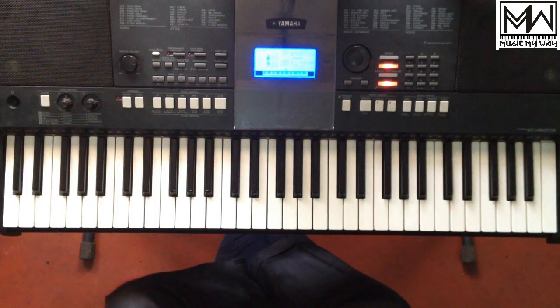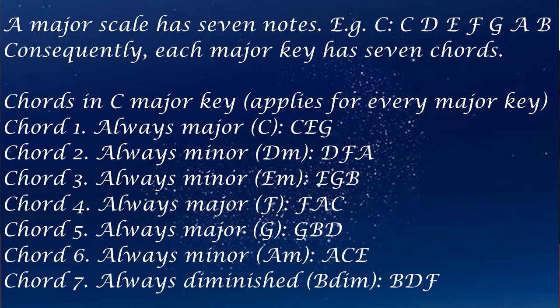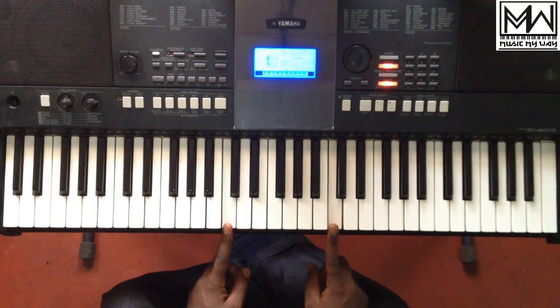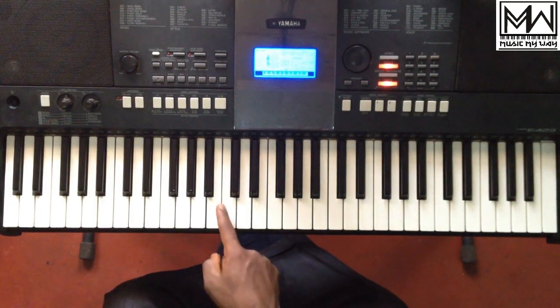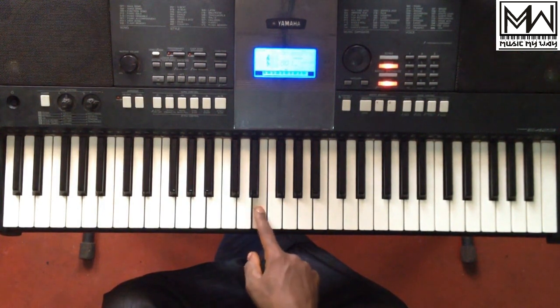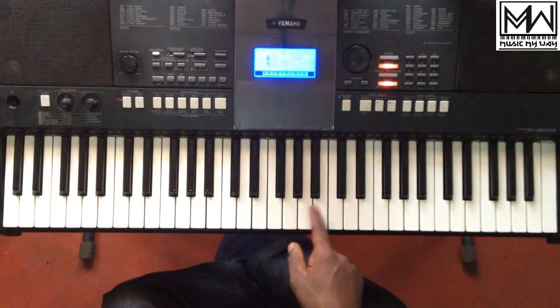Now, in each major key, your chord 1 is always a major chord. Your chord 4 is always a major chord, and your chord 5 is always a major chord. So chord 1, chord 4, and chord 5 are always major chords. Now you can be wondering where the chord 1, chord 4, and chord 5 are coming from. In a major key, for example, let's look at the key of C. We have note 1, 2, 3, 4, 5, 6, 7.